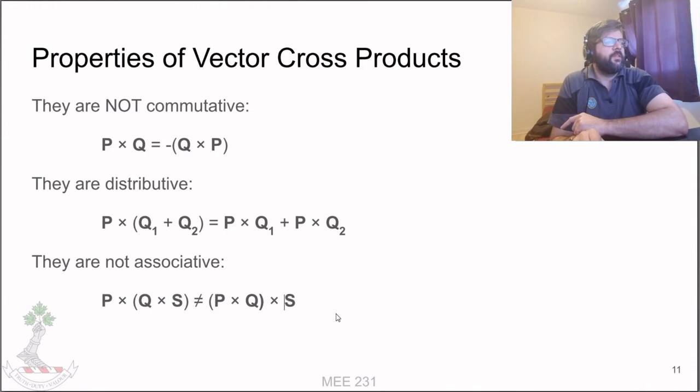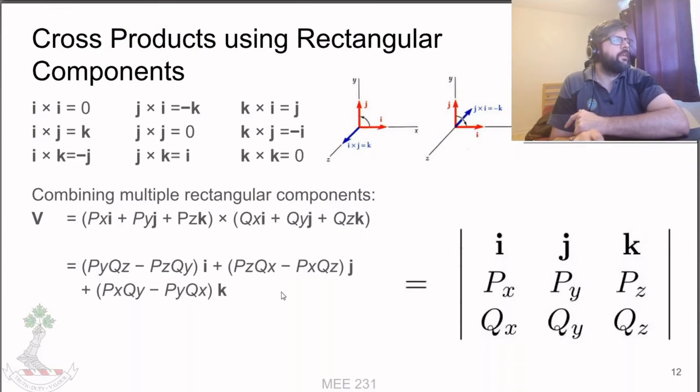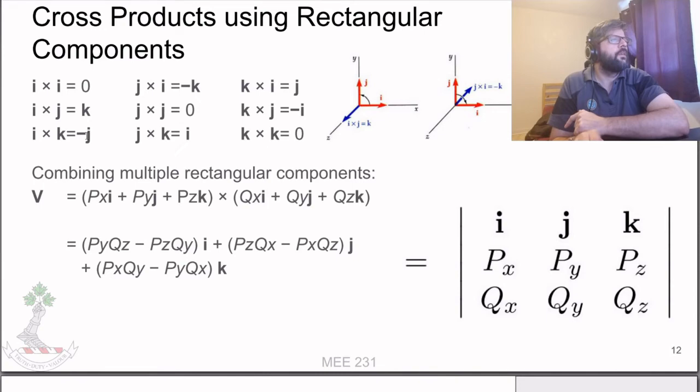Negative z crossed, and if S still remains a unit vector in the i direction, negative z crossed with i is going to give you, actually I've got that on the next one, so if i cross k is negative j, then k cross i is j, but a negative k cross i is going to be negative j.